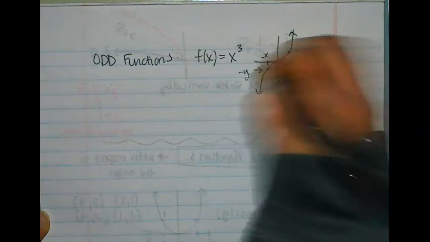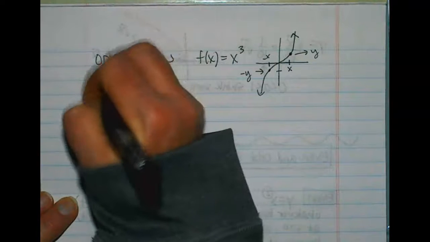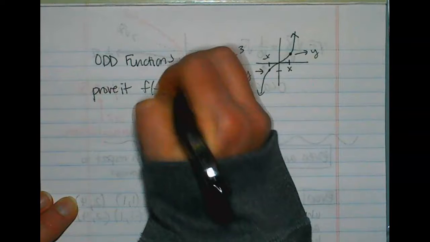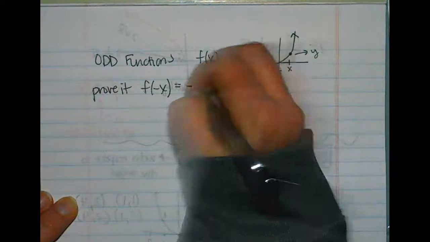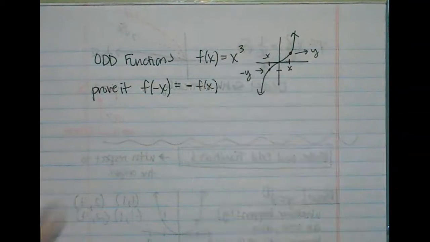This is actually the negative y value. So unlike even functions, you don't get the same y value out. You get the same number, but it's the opposite sign. So here's how to prove it for odd functions. If f of negative x equals the opposite, so negative in the front of the function, then it's an odd function.